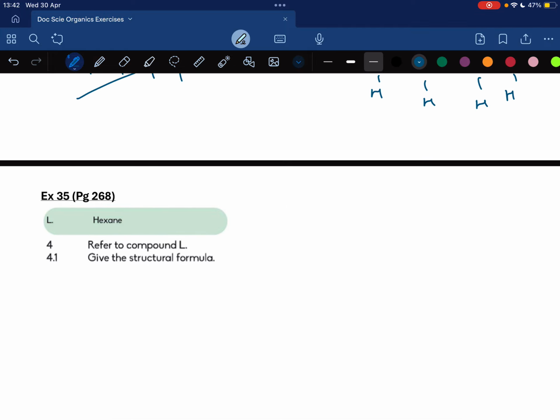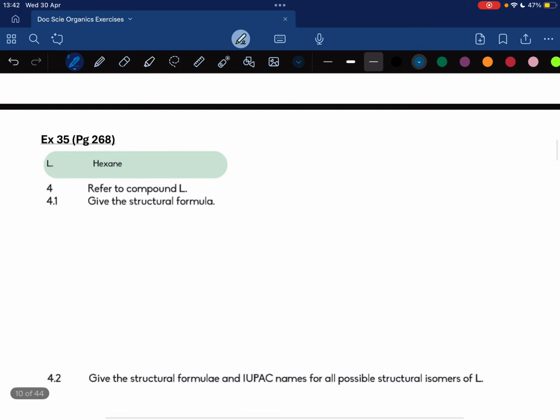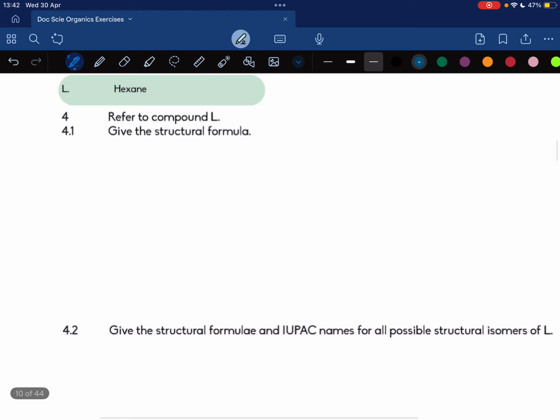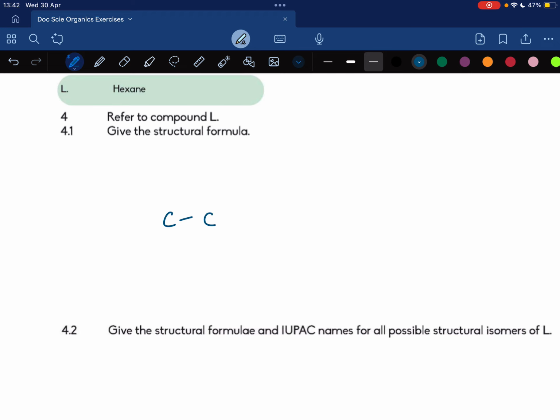Okay, then the next one is exercise 35, number 4. It said refer to L, which is hexane. Then it said give the structural formula for hexane. So hexane is just a simple 6-carbon chain alkane.